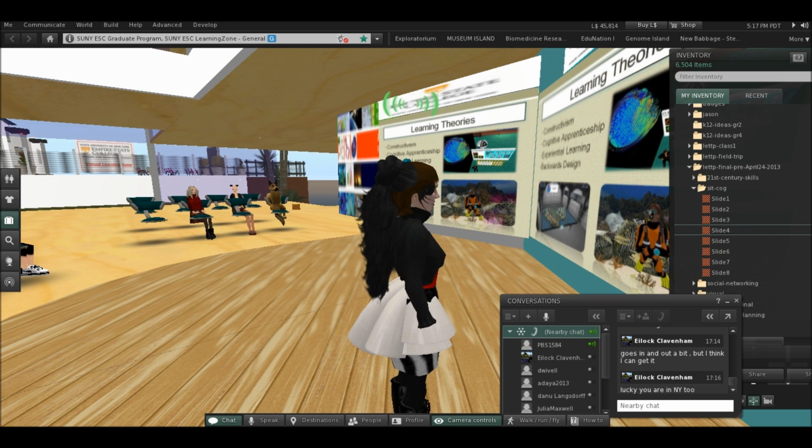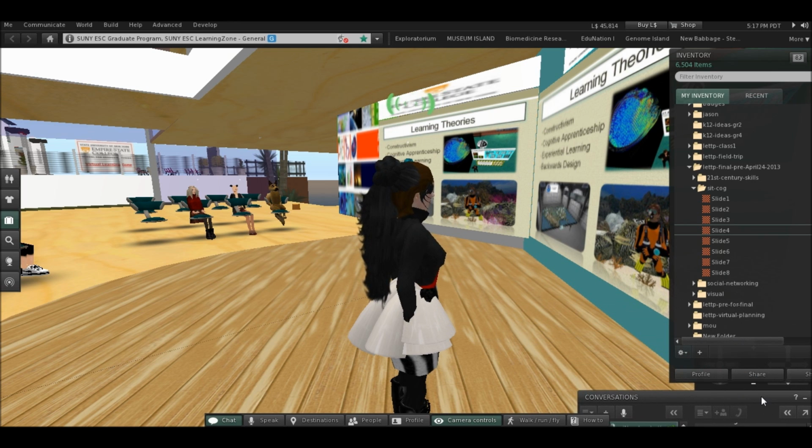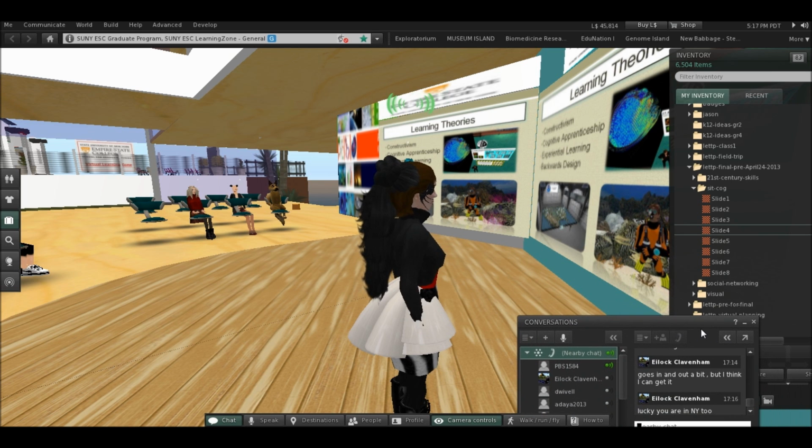So the 4 learning theories we're going to look at are in front of you. The constructivist theory, or constructivism, is sort of a root of cognitive apprenticeship and situated cognition, and it's often referred to as discovery learning. It's based on the idea that experience provides the best mode of learning, and that allows for reflection and collaboration and all that good stuff.